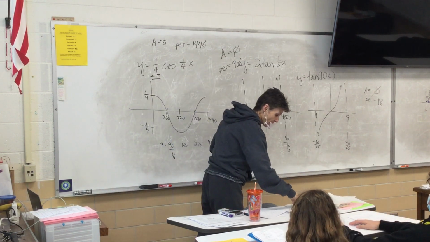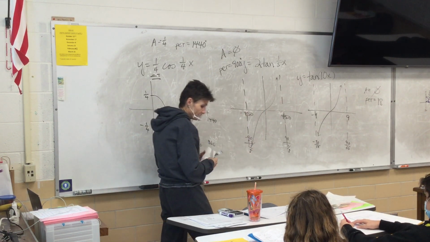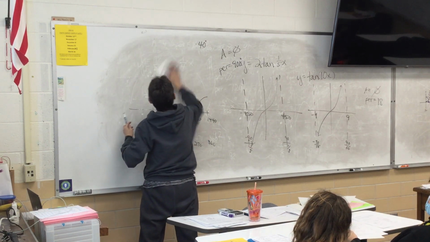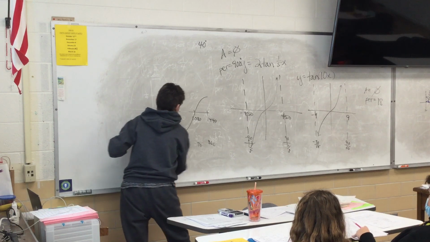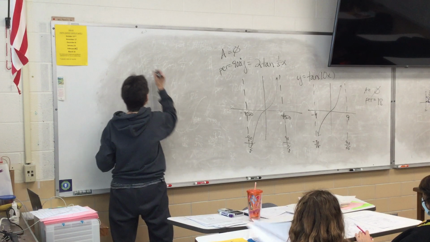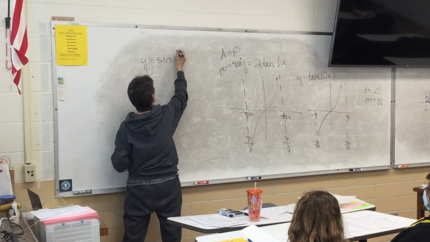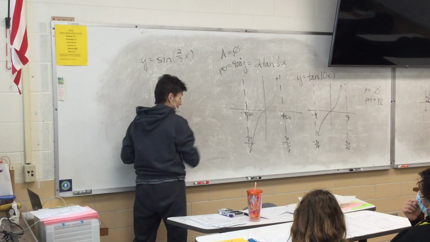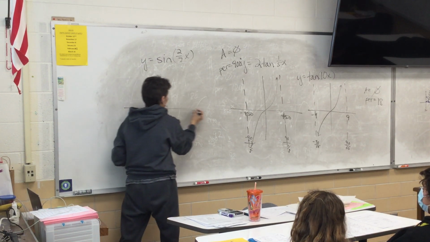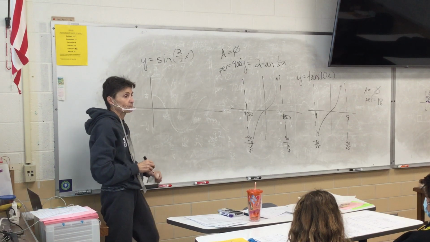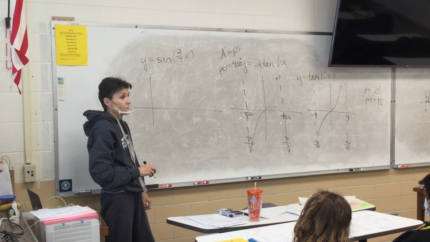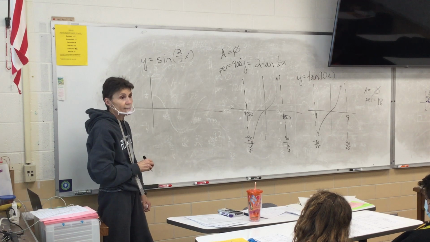All right, last graph. Then we're going to do something different today. Last graph. Here we go. We've got a sine. So what do I start with? I start with drawing my sine curve.